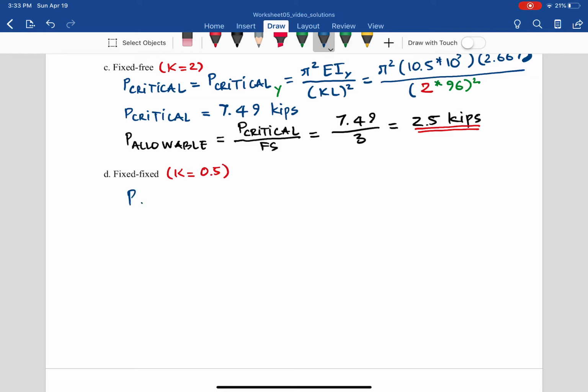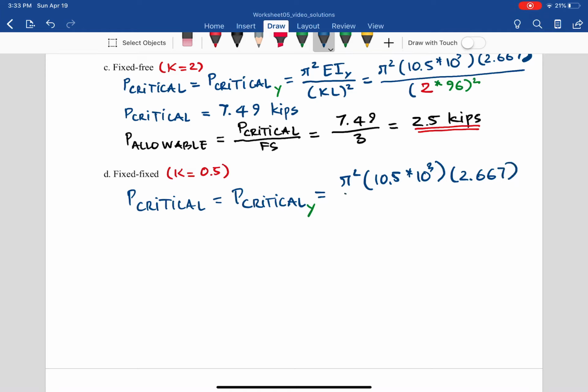So we have P critical, and also P critical in Y axis because the column deflects about Y, as I explained in the demonstration for worksheet 5A, and equals pi squared times 10.5 times 10 to the power 3 times 2.667, over, in this case it's 0.5 times 96 for the length, and power 2 for the total.